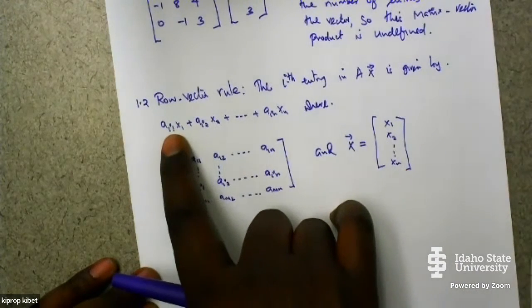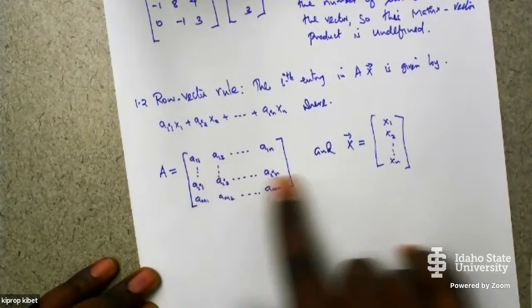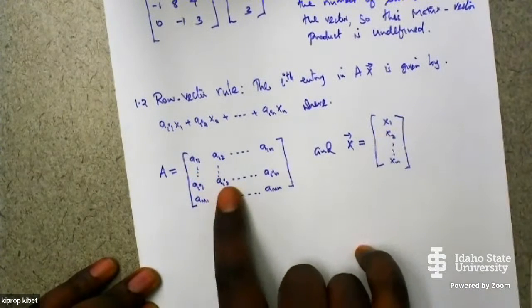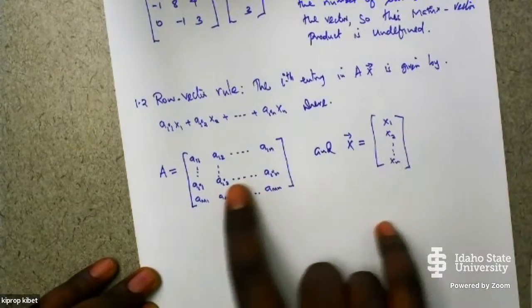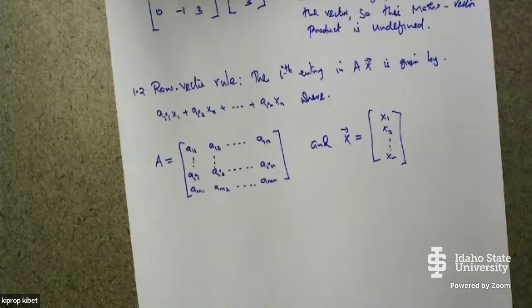If I is equal to 2, then it will be A21 multiplied by x1, A22 multiplied by x2, A23, like that, up to the last one. So that is the row vector rule. I can be any value, 1 up to 10.